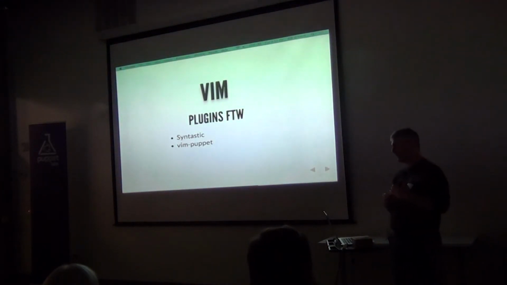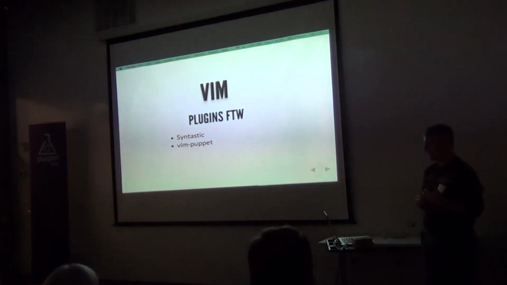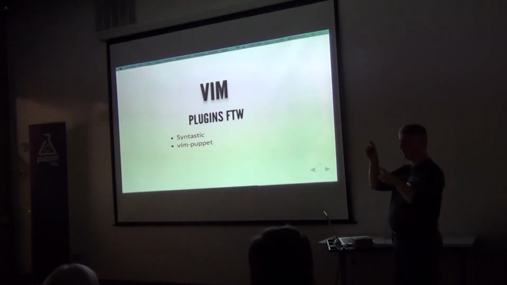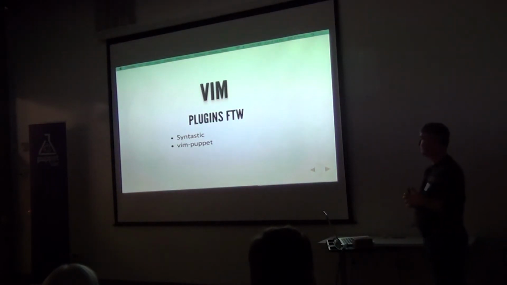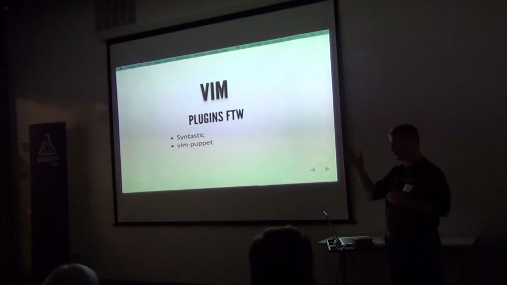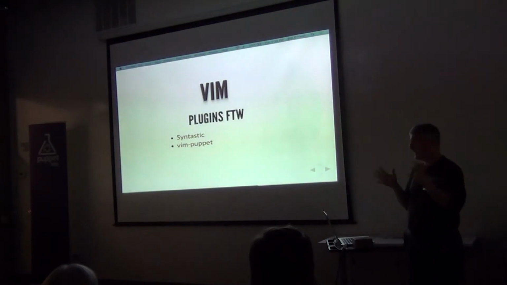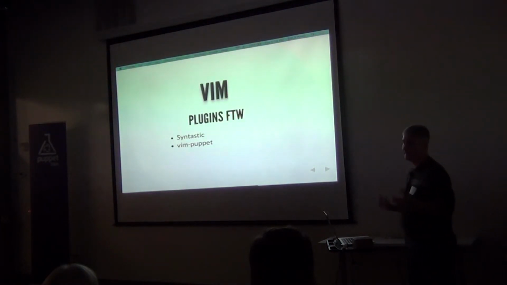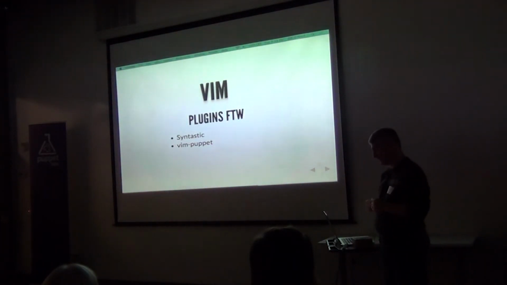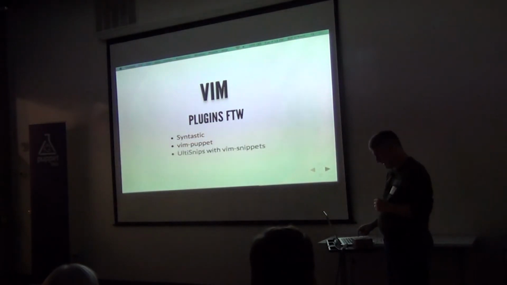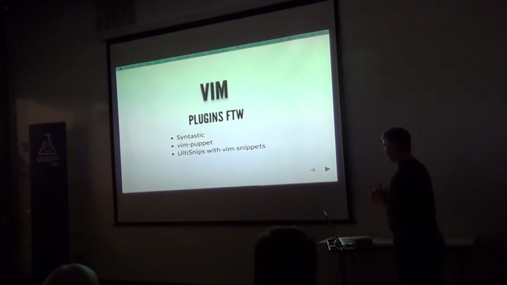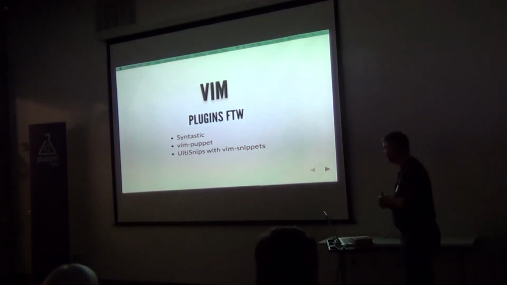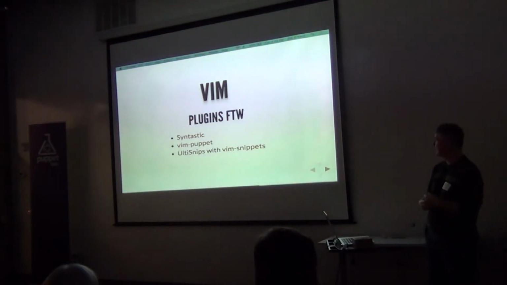Vim Puppet is another plugin that's really nice. It'll try to make those arrows line up for you as you're typing them, and a couple of other things where it'll try to make stuff align with the style guide as you're writing it, rather than having to run a tool after the fact. And then I just learned about this while I was making this presentation: something called UltiSnips, and then something called Vim snippets.